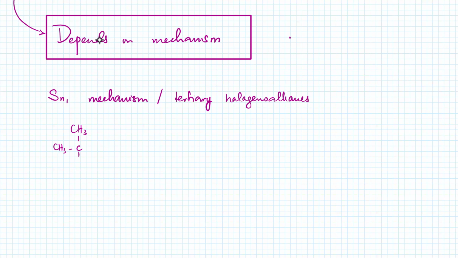If you have a tertiary halogenoalkane with a Cl and it reacts with NaOH aqueous, the OH minus nucleophiles will knock out the Cl and substitute it. You're going to get OH and the Cl is going to get knocked out, right? So that's your overall mechanism.